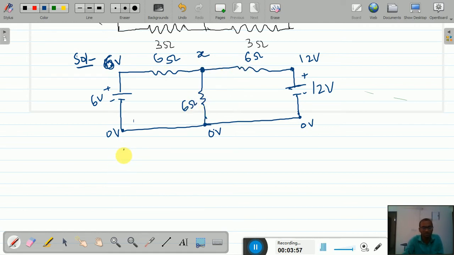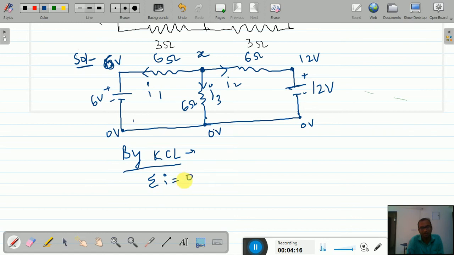Okay, so by KCL, let us consider the current going away from this point as I1, and here I2, and let us consider this I3. So you can write sigma I equal to 0, means I1 plus I2 plus I3 equal to 0.